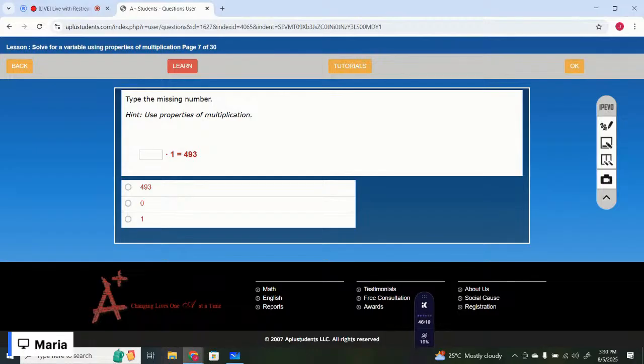Type the missing number, that is 493. Option number 1 is the correct option.